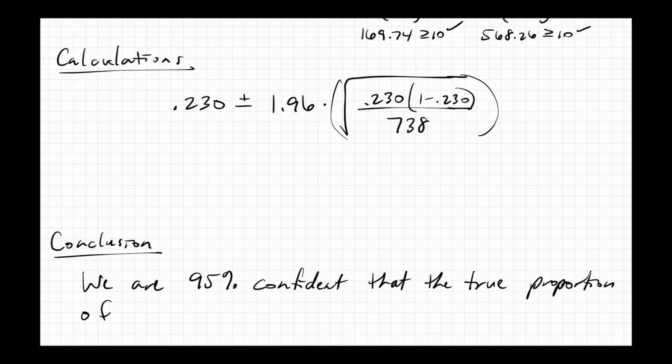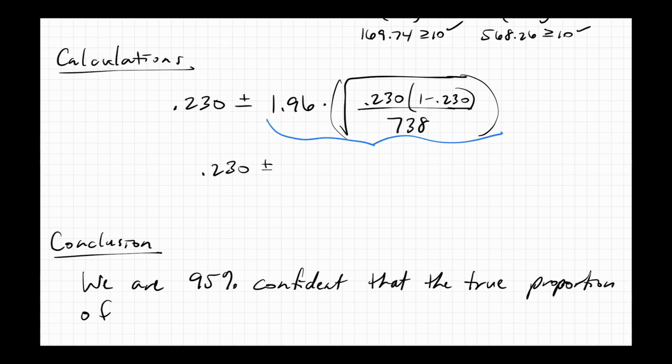Okay. So 0.230 plus or minus, and then now I have to crunch this in my calculator. 0.23 times 0.77 divided by 738, square root, times 1.96.